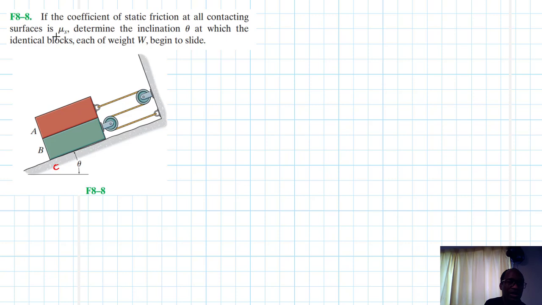Of course, let's draw the free body diagram so that we check for the unknowns. Alright, so there we go. Something like so. Okay, let me draw it like so. Great. Alright, so one block and another block.